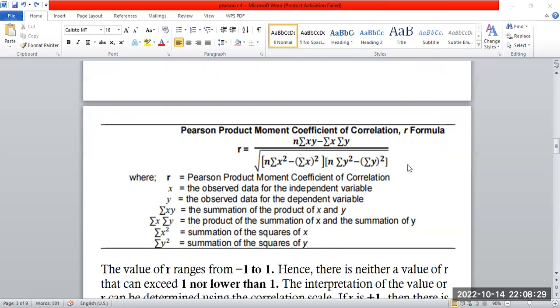Wherein R is the Pearson product moment coefficient of correlation, X is the observed data for the independent variable, and Y is the observed data for the dependent variable.